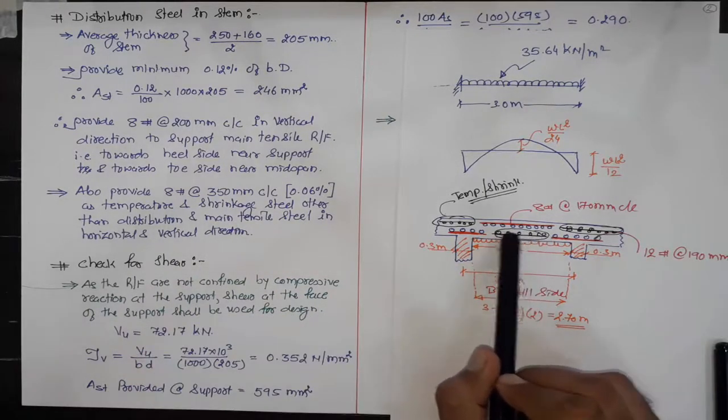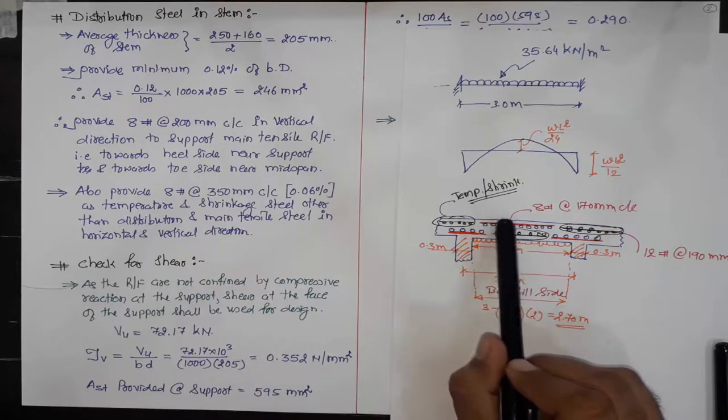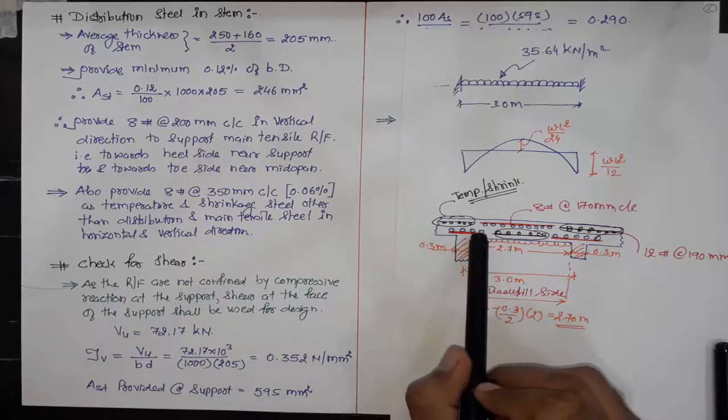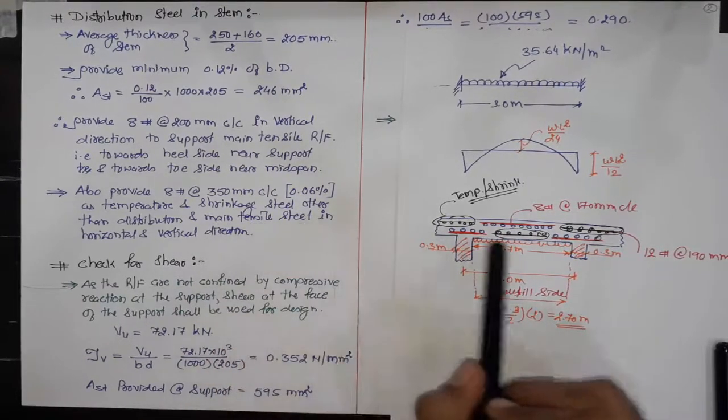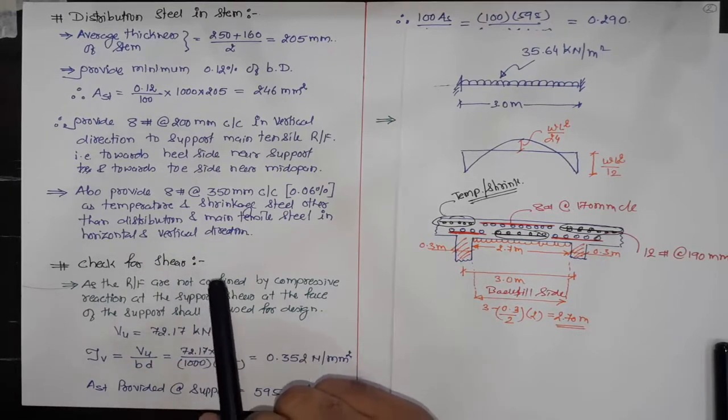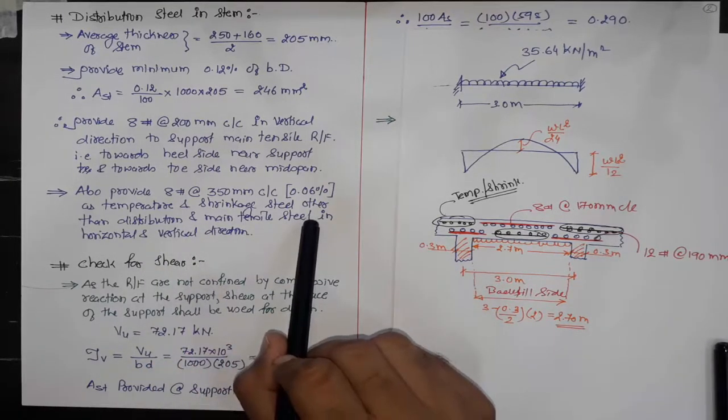This black color reinforcement is other than this red color and this blue color reinforcement. That is, red color reinforcement is the main tensile reinforcement and blue color reinforcement is the distribution reinforcement. That's what I have written here.